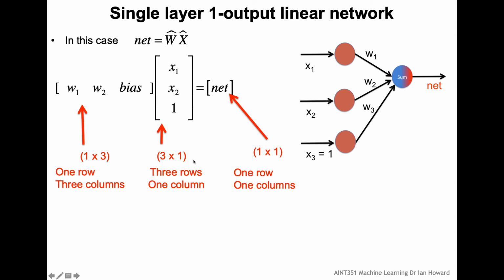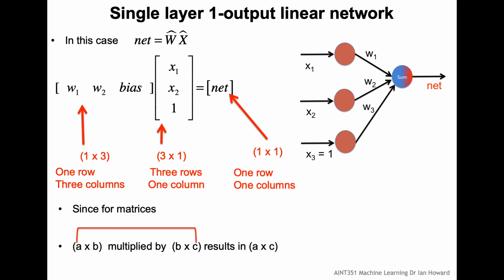And the outer ones of the expression, which could be a very long expression with lots of matrices in there, it's the end ones which will give you the final dimensionality of the output. So we end up with a 1 by 1, so a single value, right? And that's just the general rule, basically. A matrix of size A by B multiplied by another one, B by C, you end up with one of size A by C.